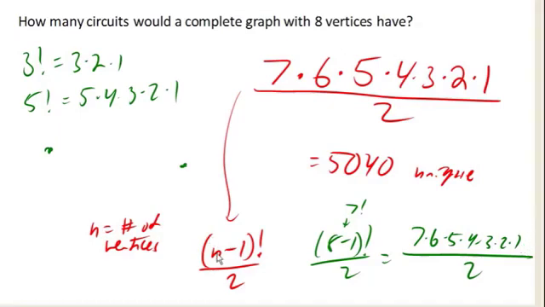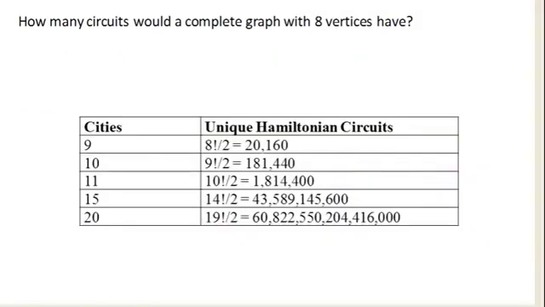So there we go. It turns out that we have this crazy number of circuits possible, and while 5,000 would be ridiculous to do by hand, a computer could do that pretty easily. But if we start adding more cities to our visit, you can see that very quickly, like 20 here, with only 20 cities, we're already up to this ridiculously huge number of circuits.